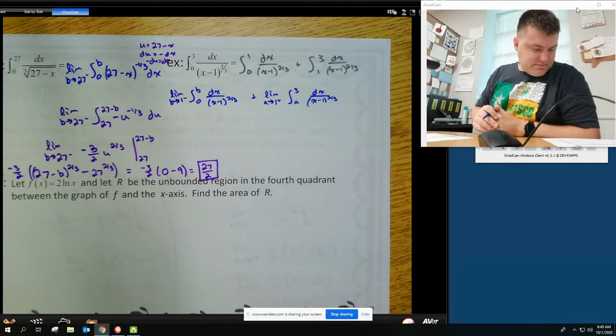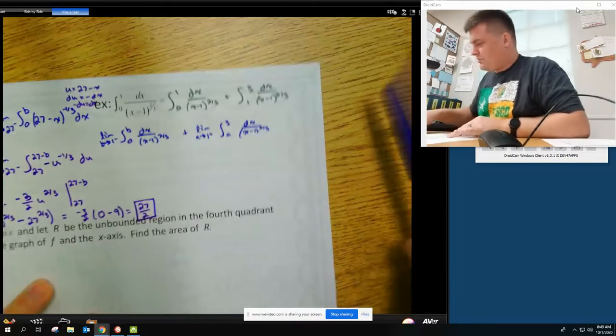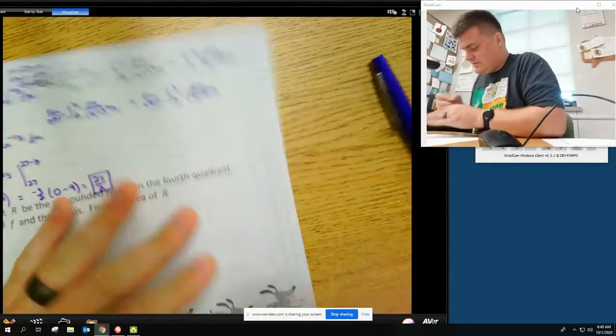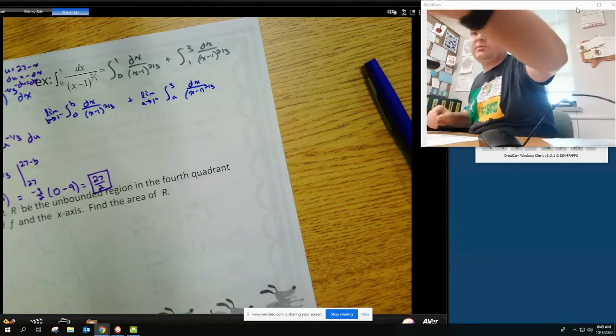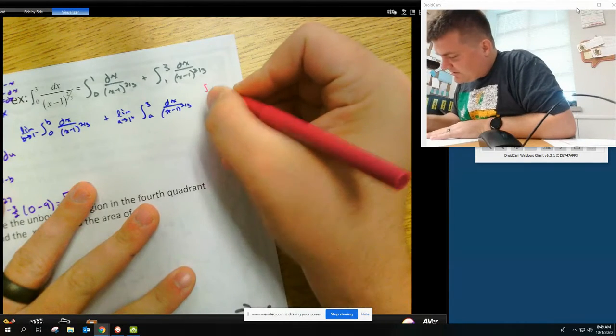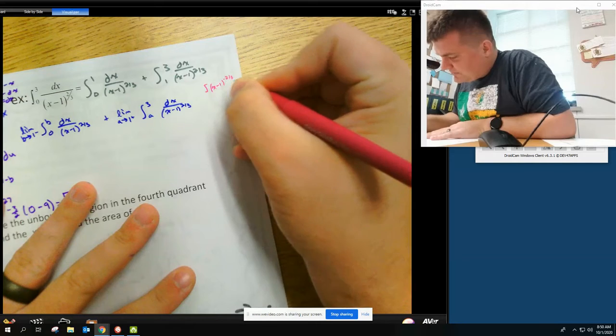Do I want to use u sub or just a baby u sub? I'm just thinking how I want to approach this one. Okay, so real quick side work, just going to help me integrate this. If I were just to integrate, this is the same thing as x minus 1 to the negative 2/3.